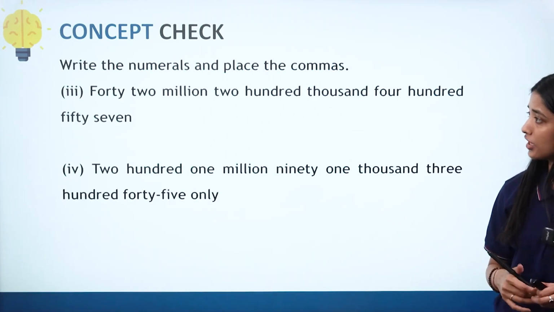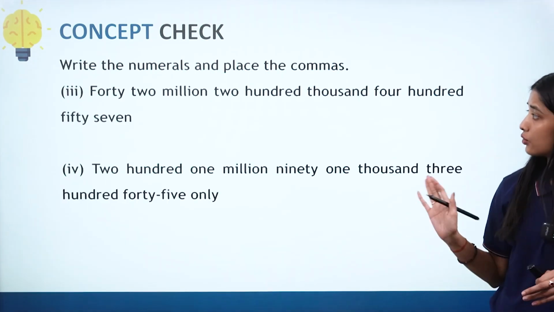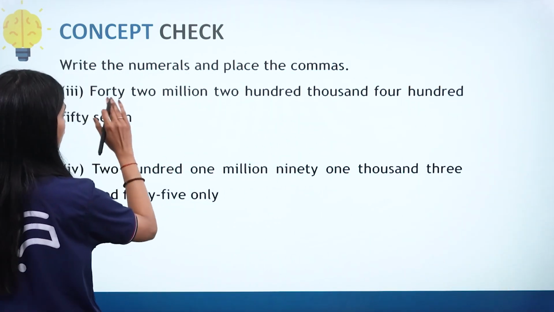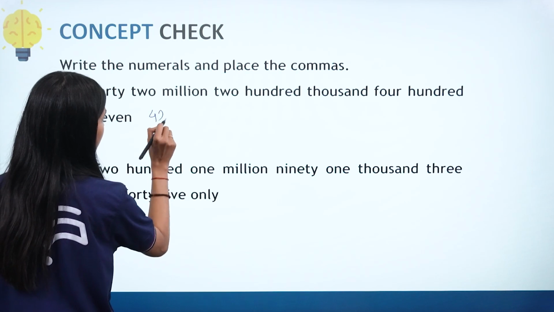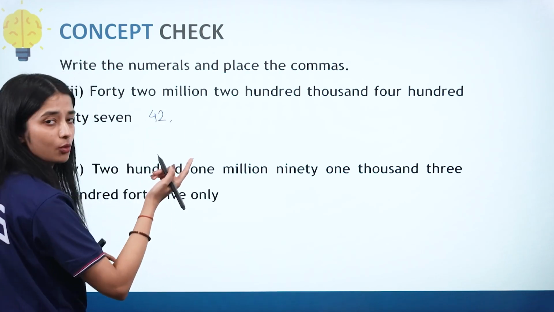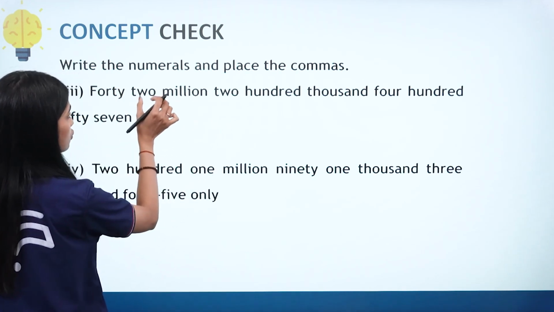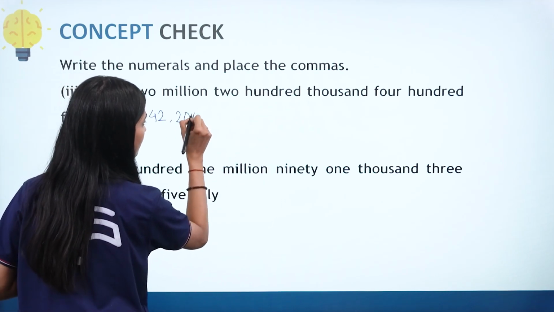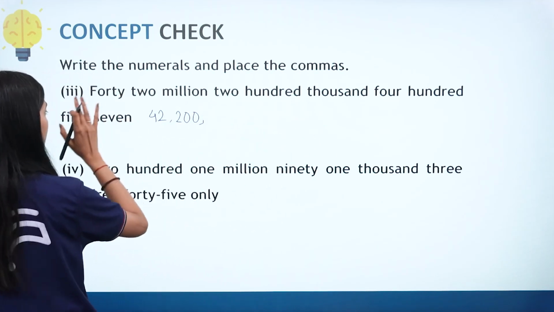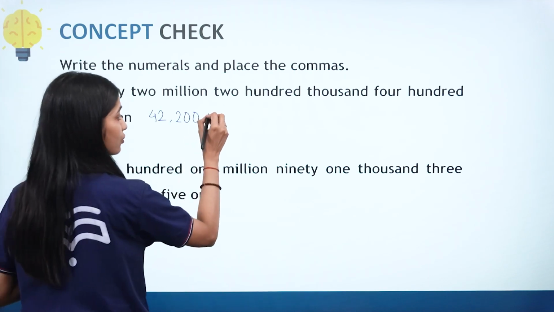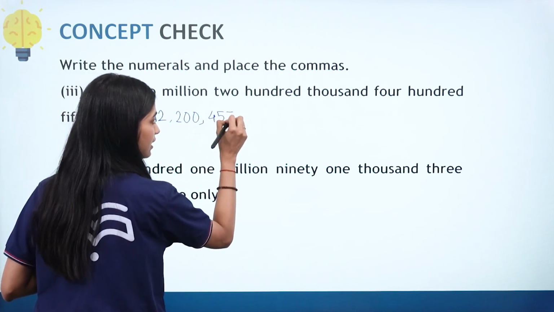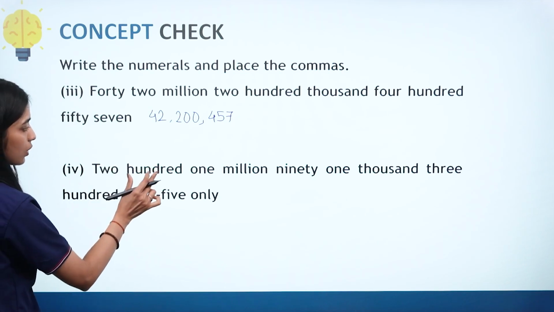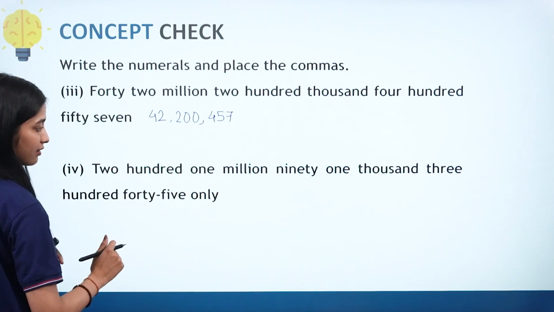Then we have the next question, which is 42,200,457. So 42 million. Let this be our 42 million. Then again one comma will come, right? 42,200,000 and 457. All right, next question is 201 million.